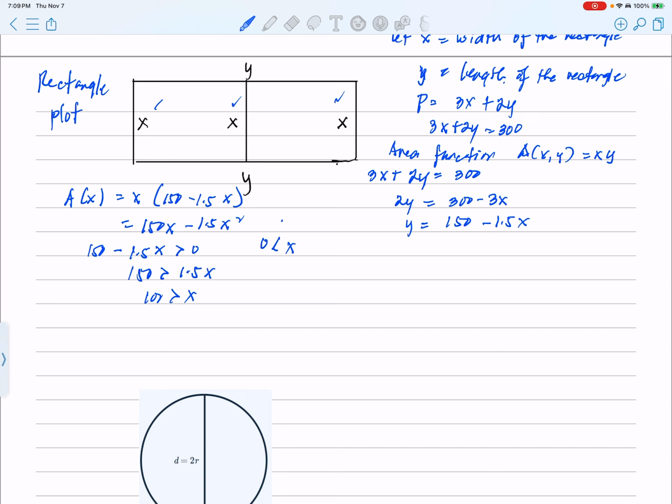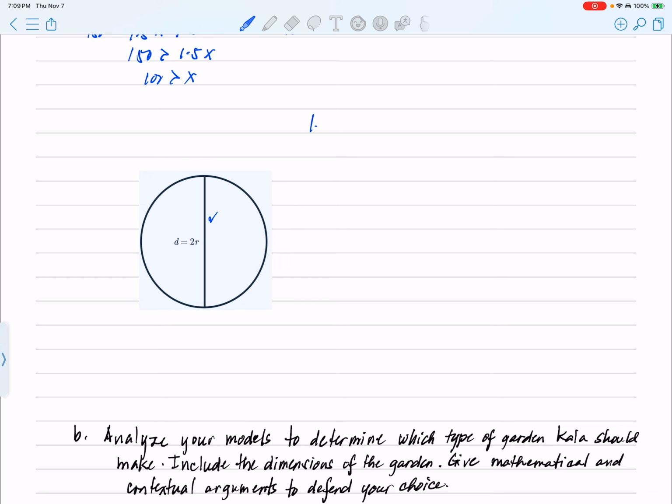So for the circle, let's look at the circle here. The perimeter can be represented by the circumference plus the fencing that goes down the middle here. Take note that the diameter is 2 times the radius. So let r represent the radius of the circle.